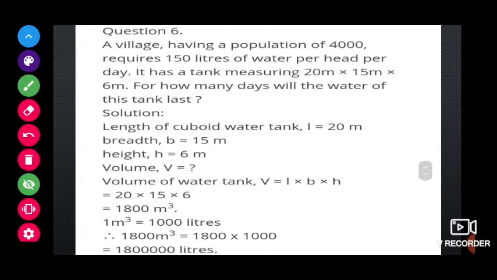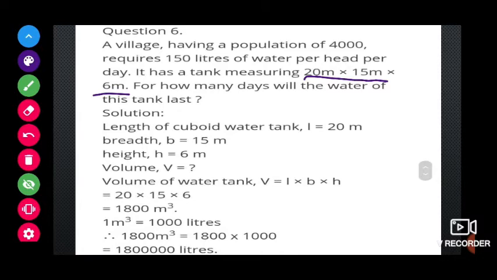We have a tank measuring 20 meters, 15 meters, 6 meters. So if we first find how much water it will hold, then we can find how many days that water will last for those people.